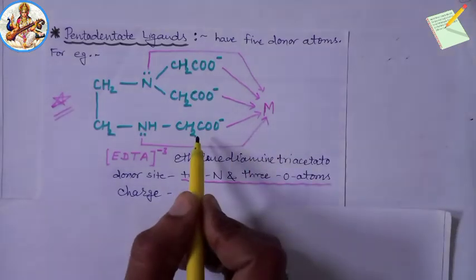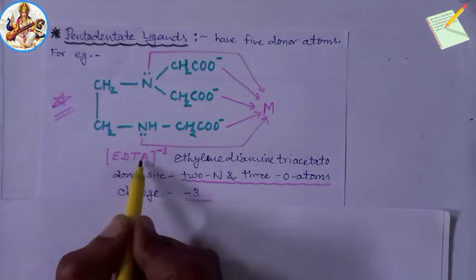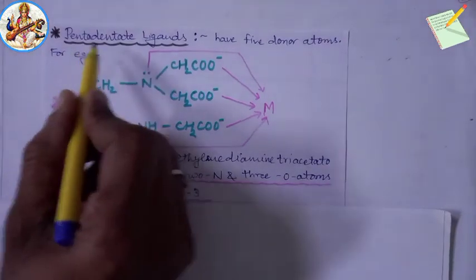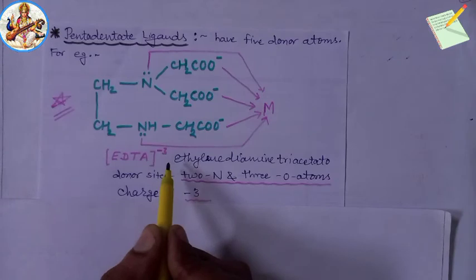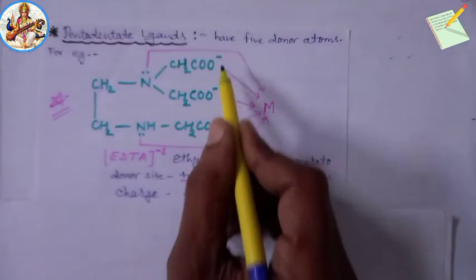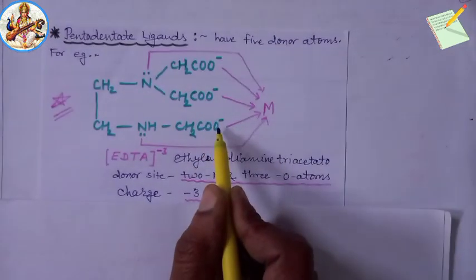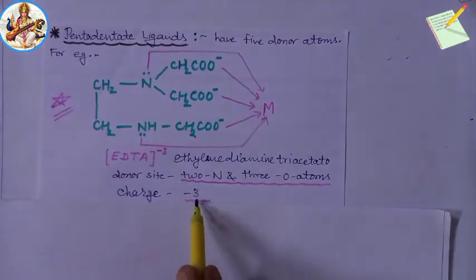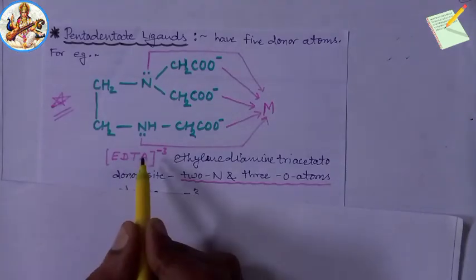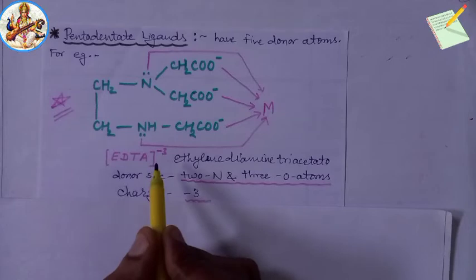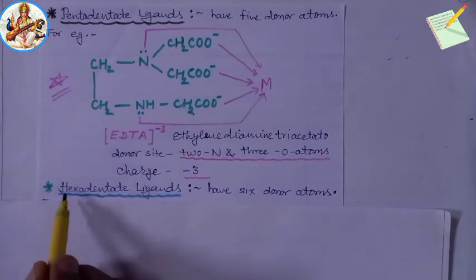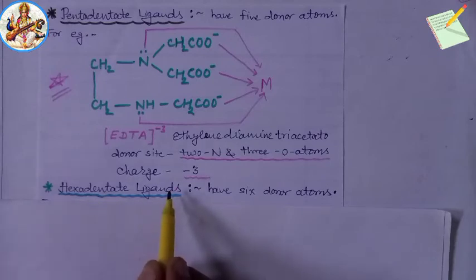Here 5 dative bonds are formed, therefore EDTA 3- is a pentadentate ligand, and charge is -1, -1, -1. So charge is -3. Very important example of a pentadentate ligand.